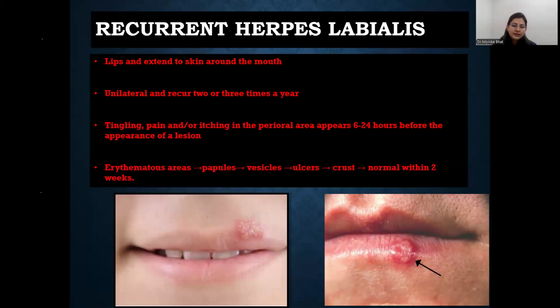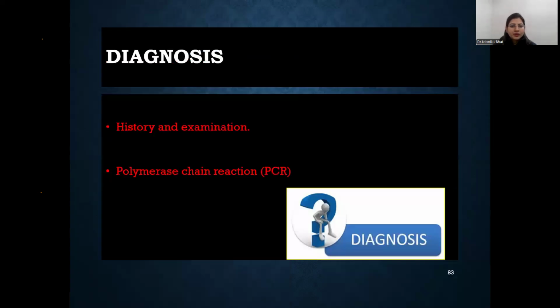Recurrent herpes labialis, another category where the vermilion border of the lips is involved. Unilateral and recurs 2 to 3 times a year whenever there is a trigger, like fever or a viral infection. These get triggered and form an erythematous area as papule, vesicle, ulcer, crust that heals usually in 2 weeks.